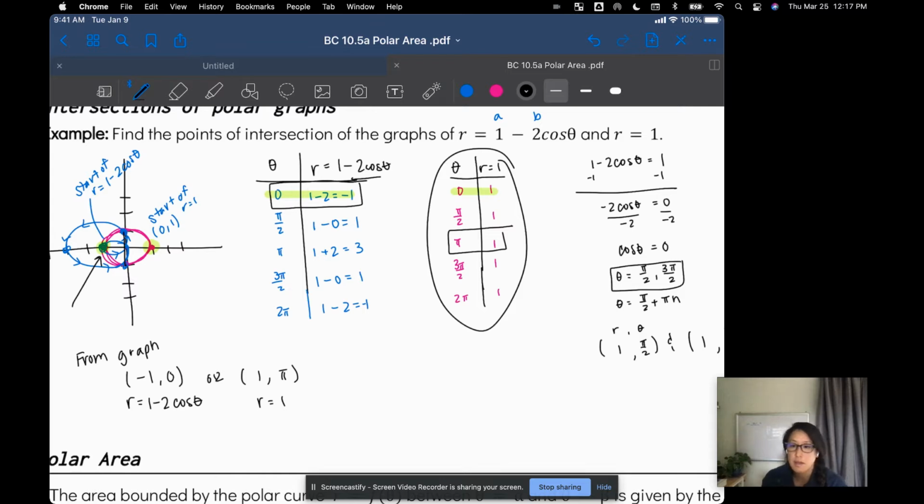Remember, what happens here is that on the graph, the points cross the same location, but not at the same time. We remember in polar coordinates that there are a lot of different ways to write the same location. So we have to remember to look for co-terminal points, basically.